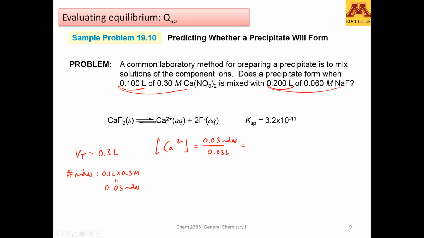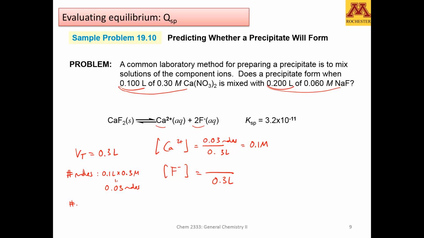In other words, the concentration of calcium will be 0.1 molar. Okay. What is the concentration of fluoride? Notice that I'm only going for the calcium and fluoride that interest me. So the concentration of fluoride will be, I have 0.3 liters in total.